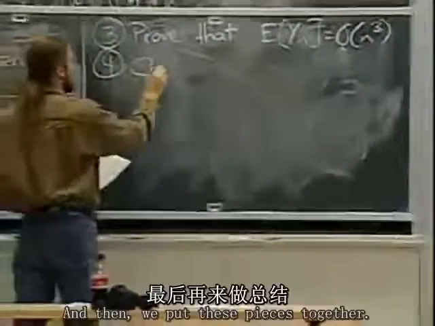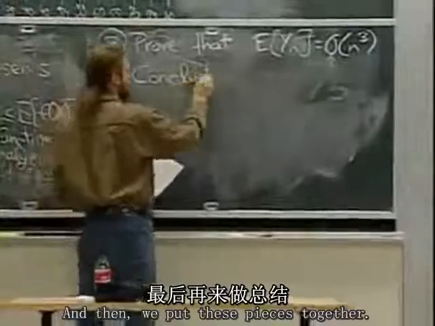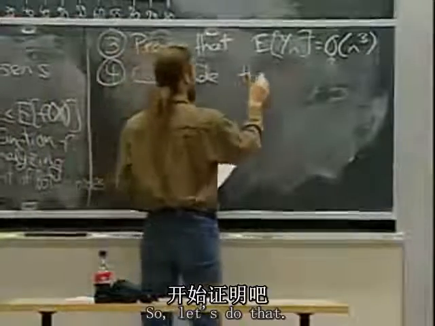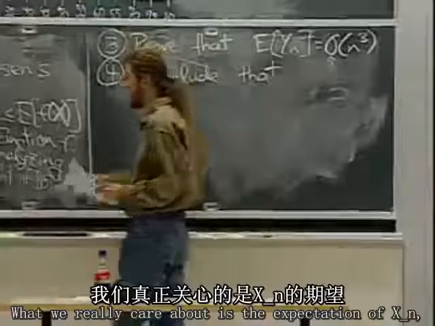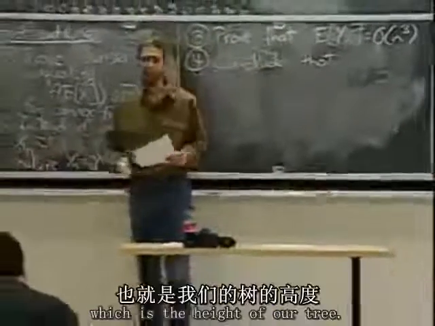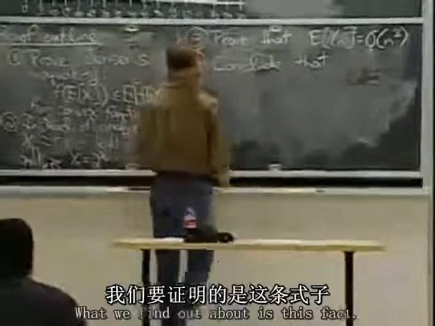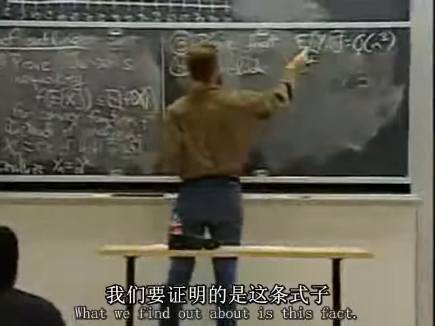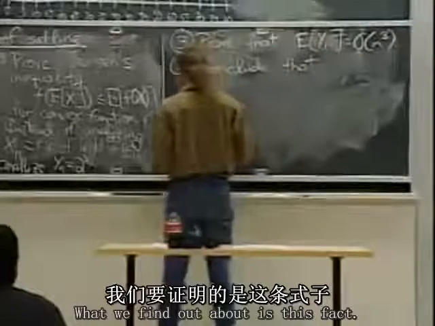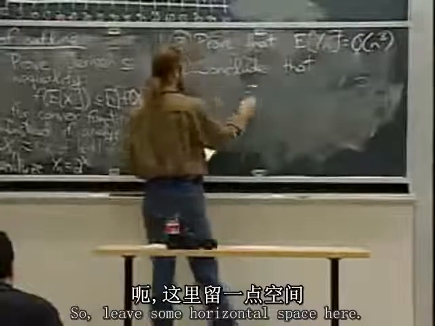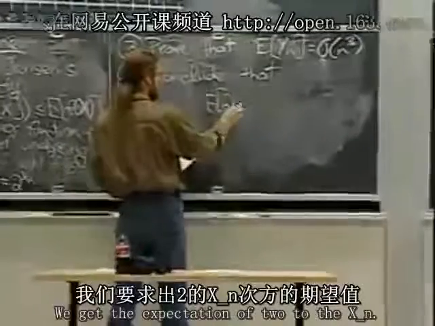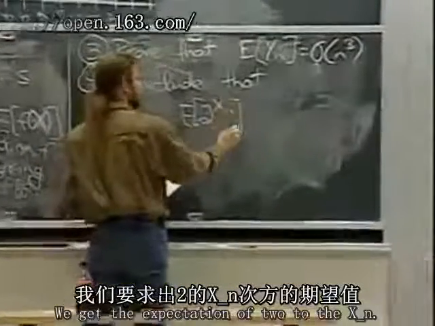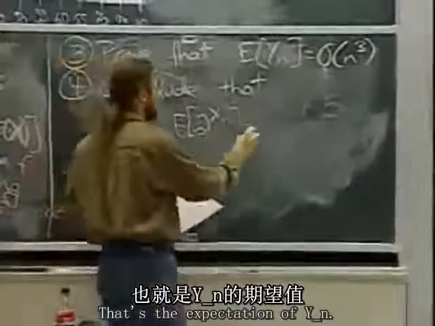And then we put these pieces together. So let's do that. What we really care about is the expectation of Xn, which is the height of our tree. What we find out about is this fact. So leave some horizontal space here. We get the expectation of 2 to the Xn. That's the expectation of Yn.